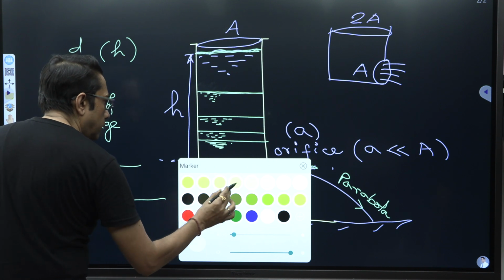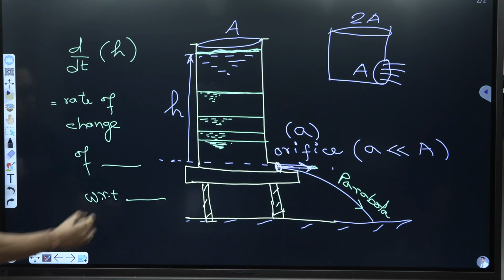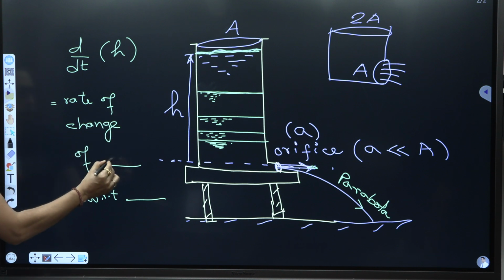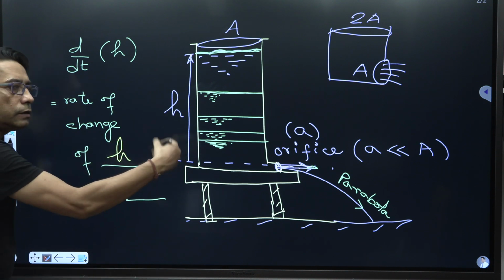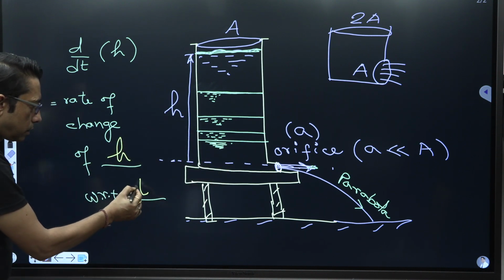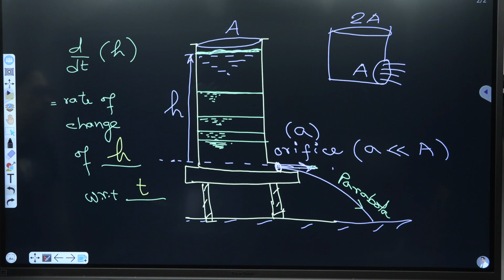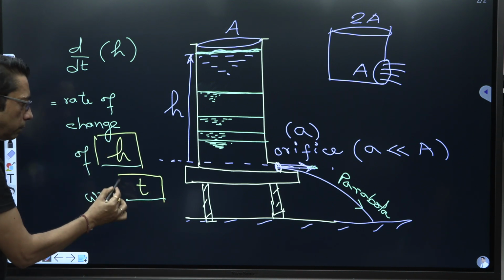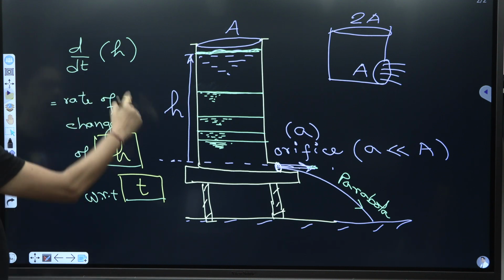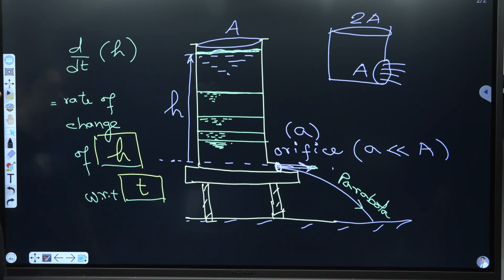The quantity that changes in this picture is height. And it changes with time. So rate of change of height with respect to time is given by d/dt of h.